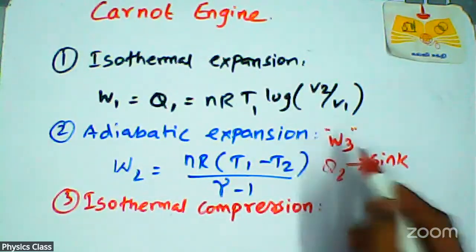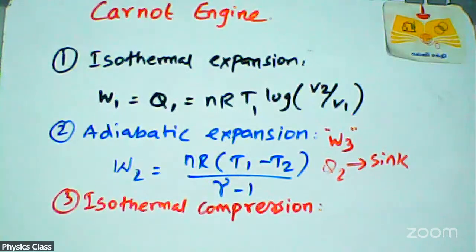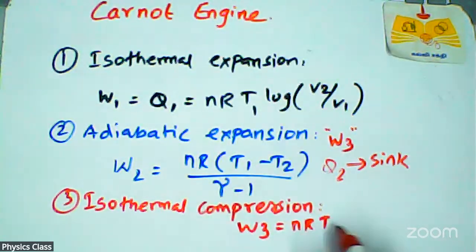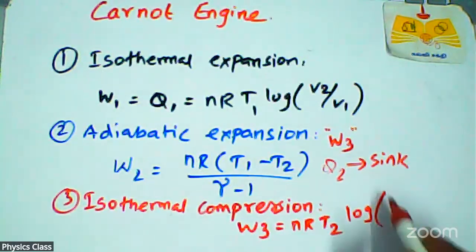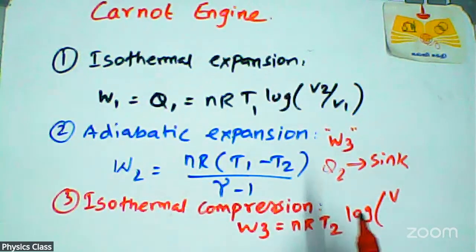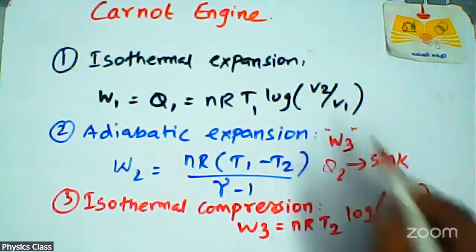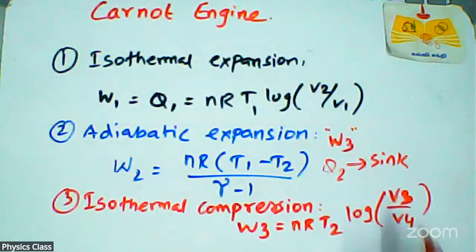W3 is the work done on the gas by the surroundings in isothermal compression. So W3 is equal to nRT2 log V3 by V4, compared with V2 by V1 for the first stage. This is the work done in the third process.